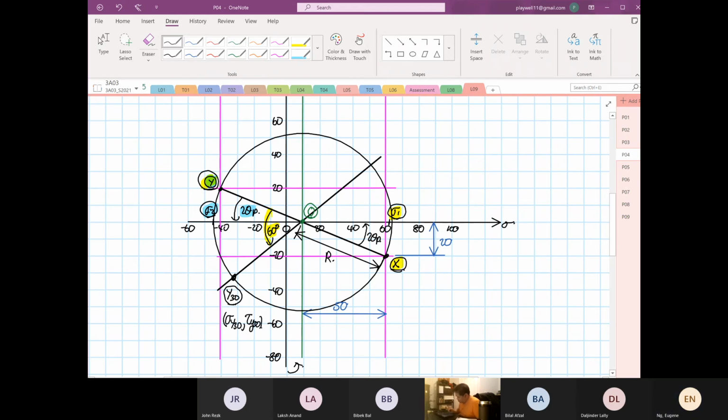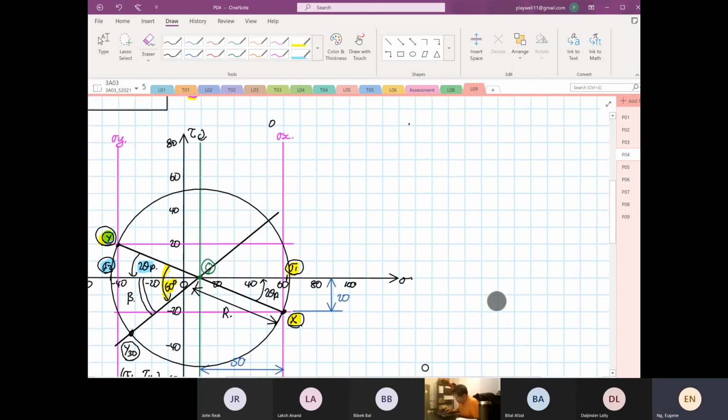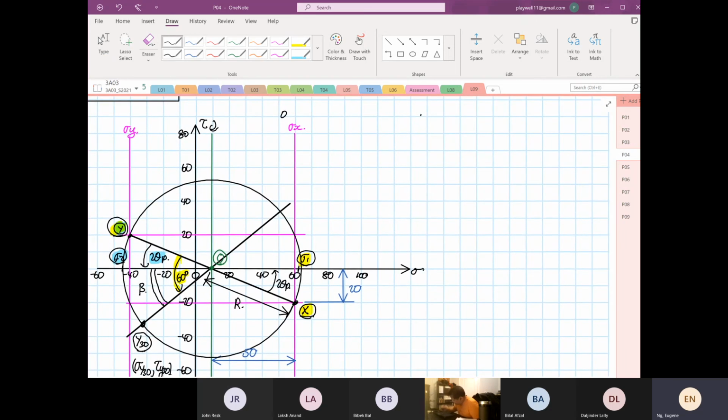With this, we need to find our beta angle. I'm going to call this angle over here beta. That is our beta angle. Now we are going to find our stress Y30 and our shear stress Y30.